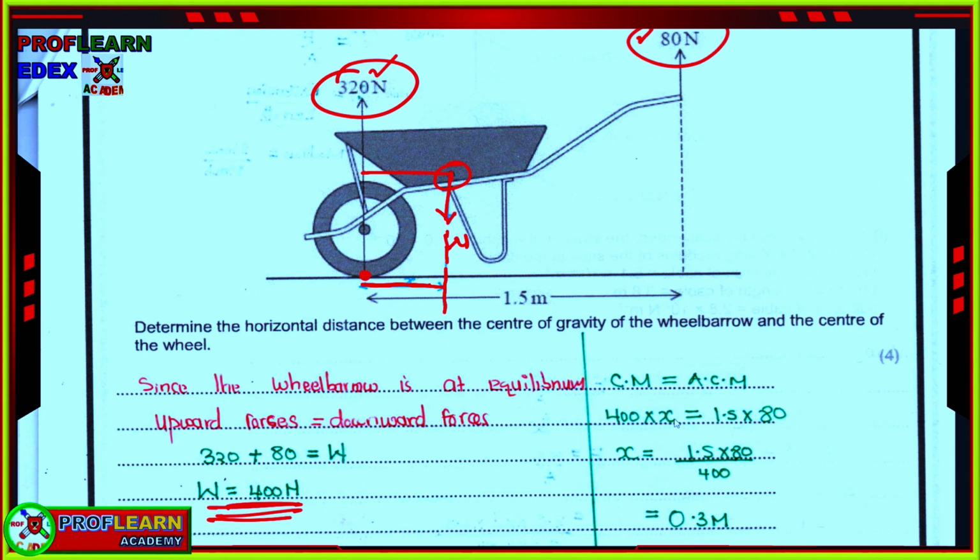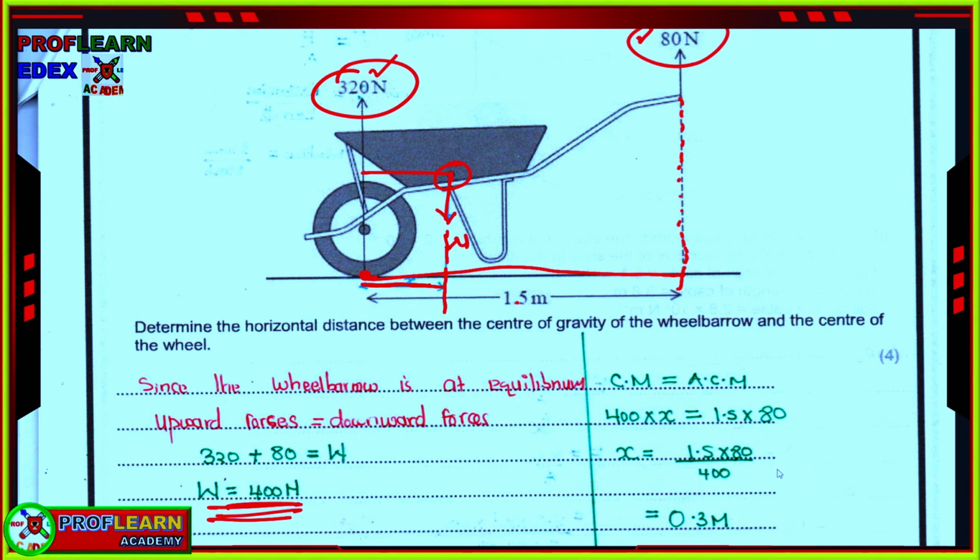So we shall say 400 times x. And the perpendicular distance from the pivot to the line of action of the force is 1.5 meters. So we shall say 80 times 1.5 meters.